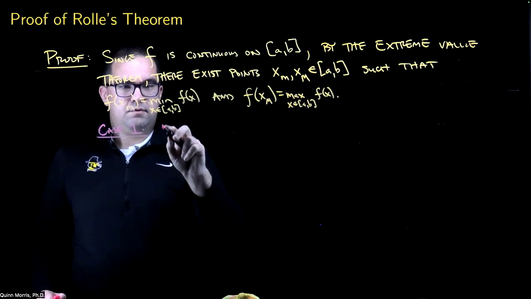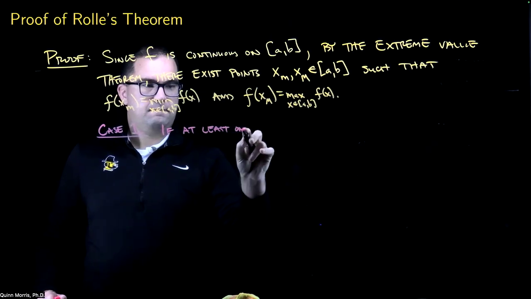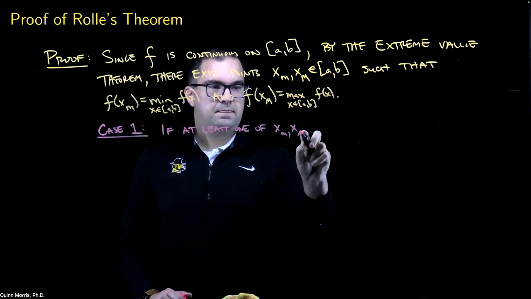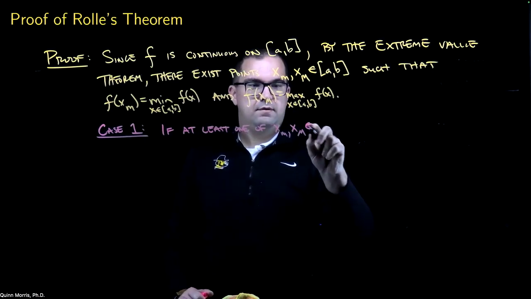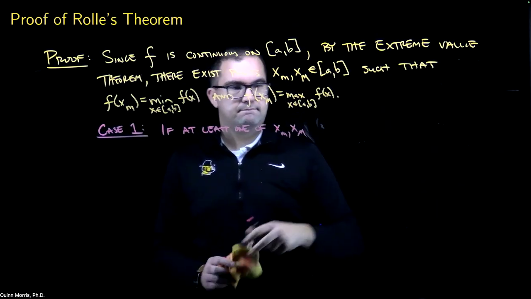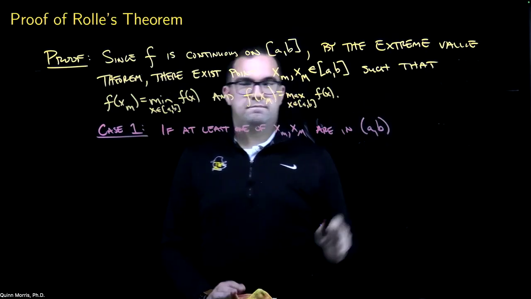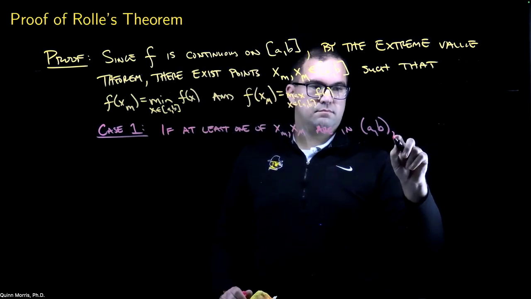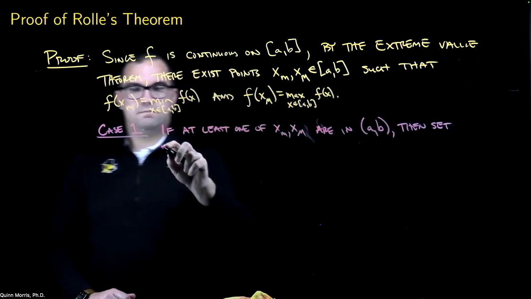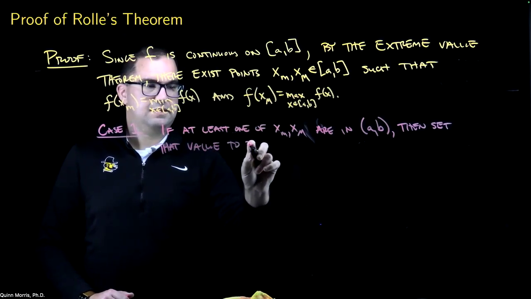So if at least one of x sub little m, x sub capital M are in the open interval, then set that value to be C.